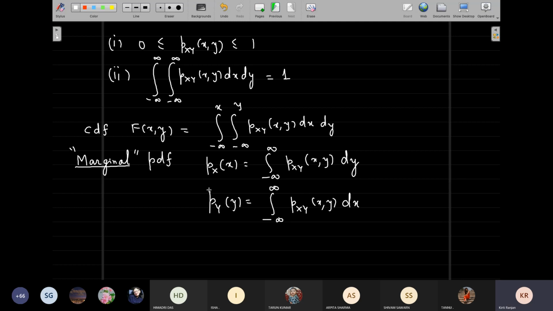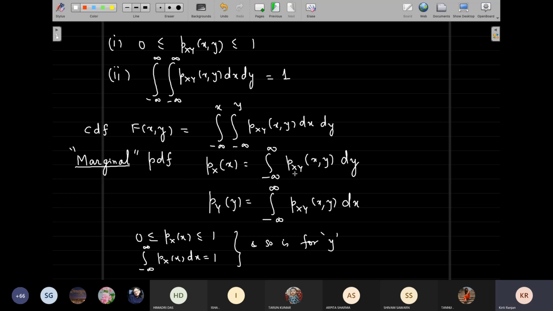Now if you look at these marginal PDFs, they will also obey exactly the laws of our probability, that it will be between 0 and 1 and the integral from minus infinity to infinity of Px(x) dx is equal to 1, and so is it for y's. So what we are getting basically, marginal PDFs, are the univariate PDFs which are built from the joint PDF.